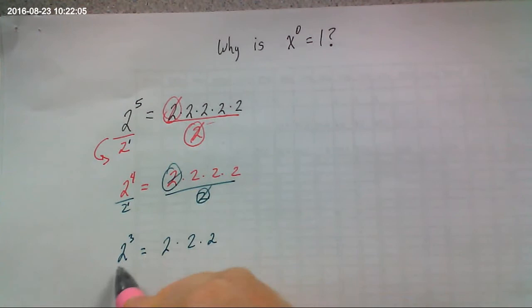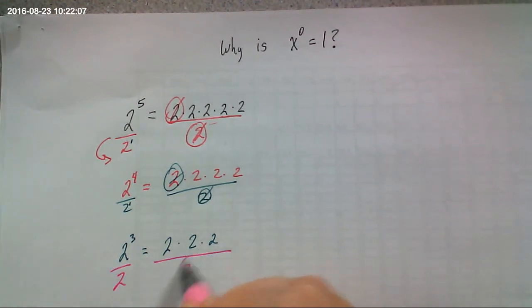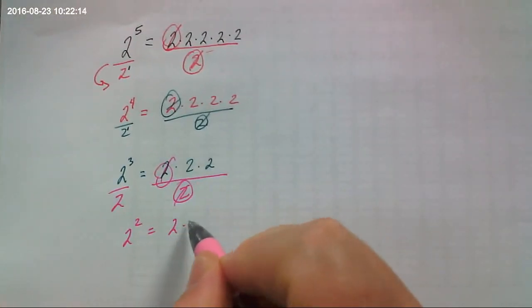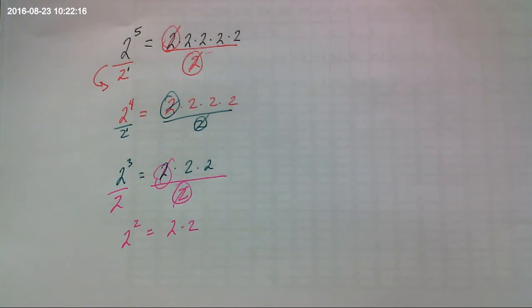Same thing. Again, divide by 2. You see how 2 squared is going to equal 2 times 2, right? Okay, we're getting to the exciting part. Oh boy.